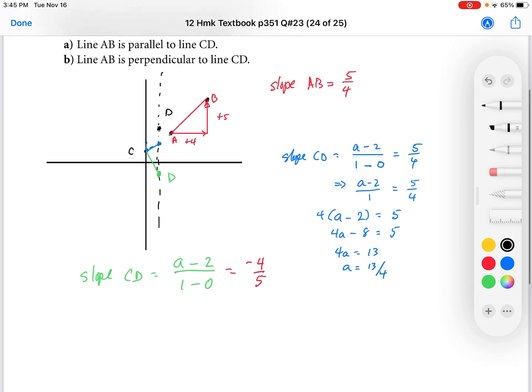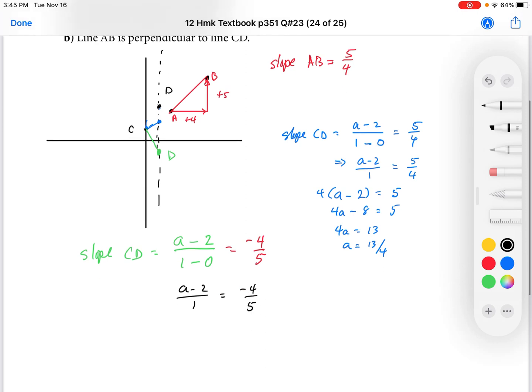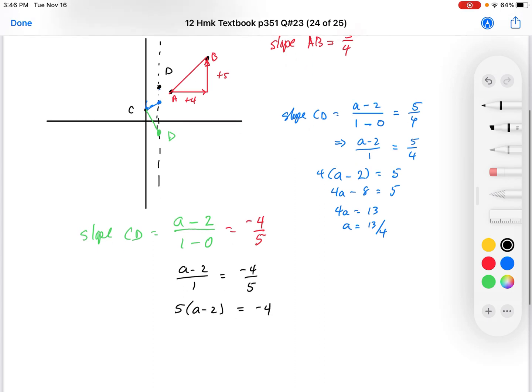Once I have this, I'm just going to solve this equation again. So I'm going to end up with A minus 2 over 1 is equal to negative 4 over 5. I'm just going to keep that A and 2 separate. So I end up with 5 times A minus 2 is equal to negative 4, and then I can solve this equation for A. 5A minus 10 is equal to negative 4.